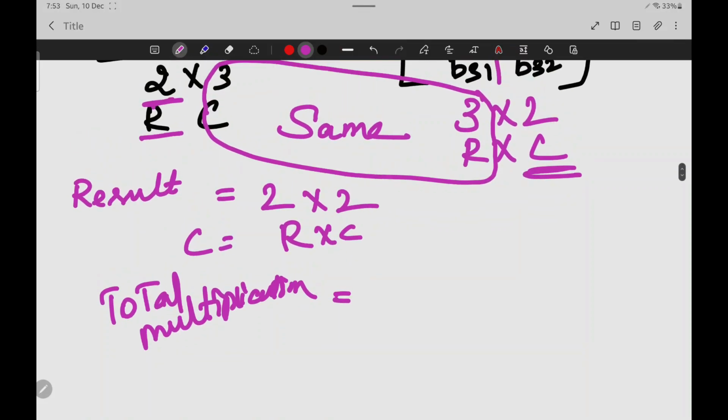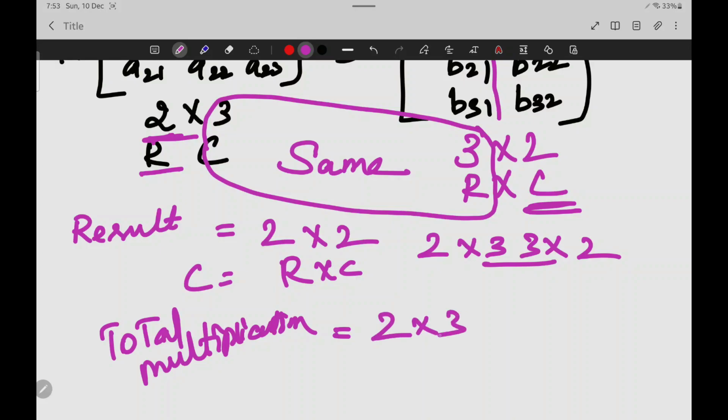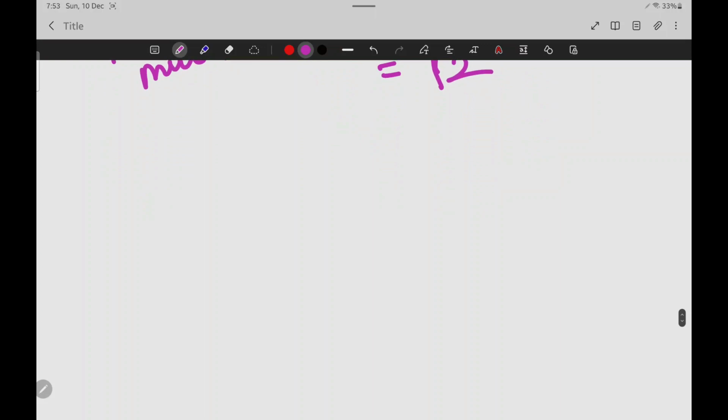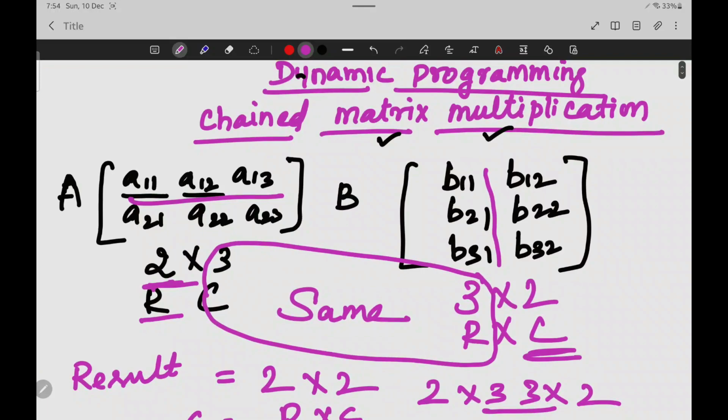The total number of multiplications can be found as 2 into 3 into 2, which is 12. Likewise, we can identify the total number of multiplications for each pair of matrices. So this is matrix multiplication.